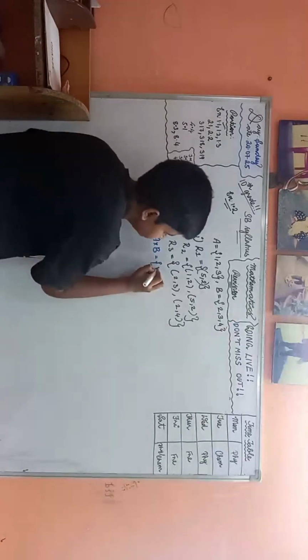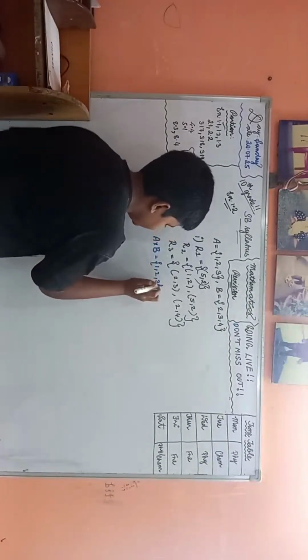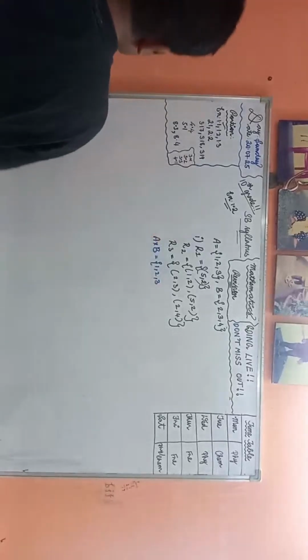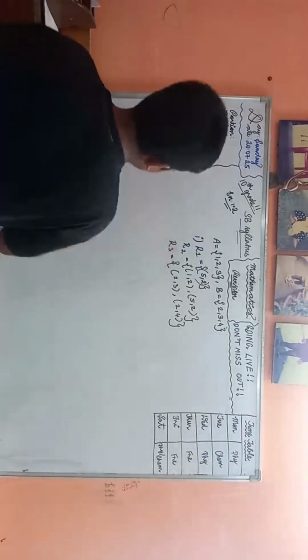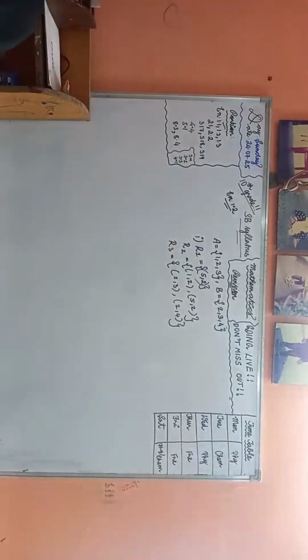So A into B will become 1, 2, okay, I'll do this on the left hand side so I can have more space. Is it possible to conduct division and subtraction?